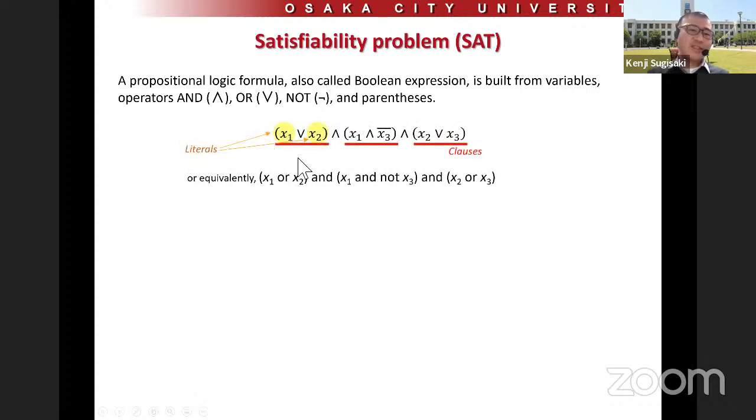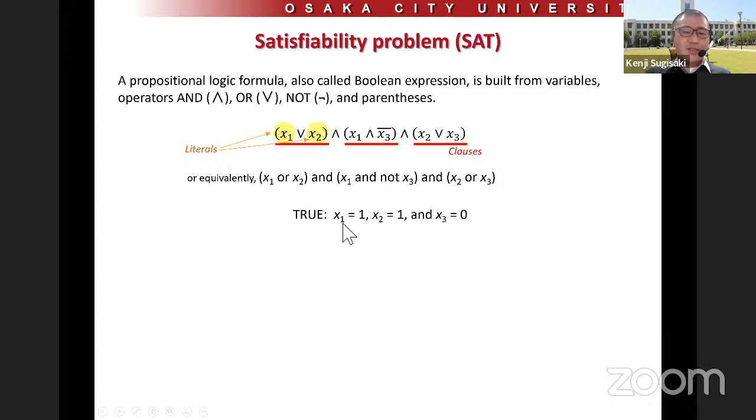An example is something like this: (X1 or X2) and (X1 and not X3) and (X2 or X3). And this instance is true.